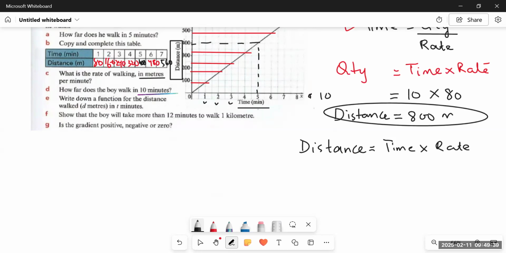If they are saying we have to write down a function for the distance as d, we will replace distance with d, meters, is equal to time into rate.